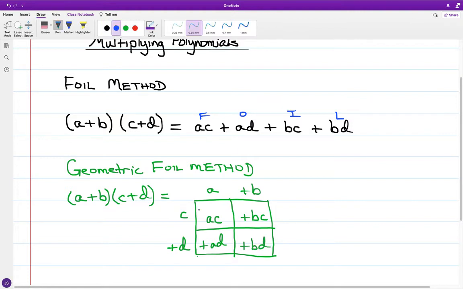And guess what? I have the FOIL layout: AC plus AD plus BC plus B times D.